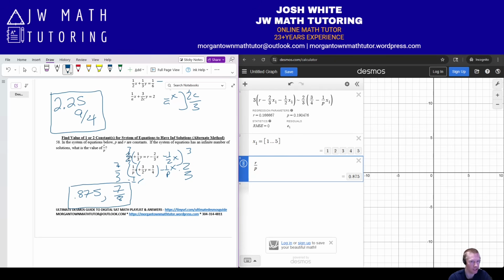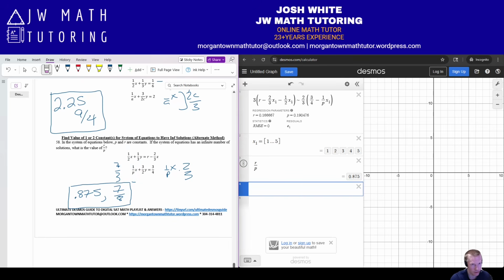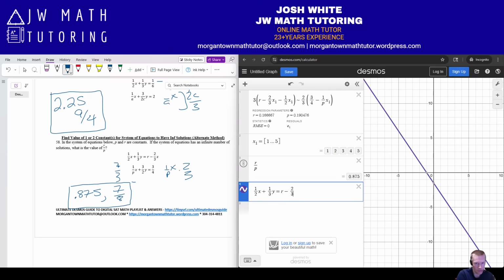You could also technically type in 0.875 as well. This was a free response question. So again, let's just confirm that we have the correct answers. So just erase this so I can see the original problem nice and clearly. X plus 1/3 y equals r minus 2/3 x.